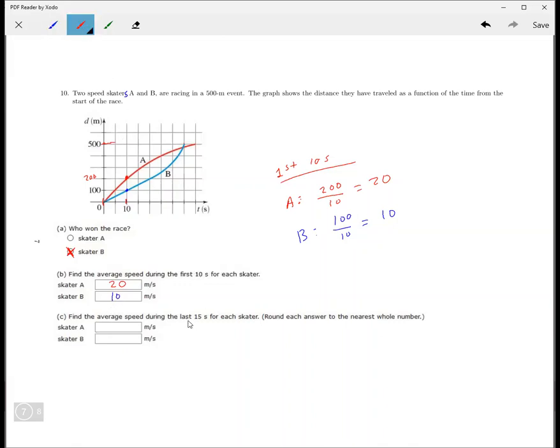Now the last 15 seconds. For A, this is A's end of the race right here. Their last 15 seconds would have been this interval from here to here. When they ended, they were at 500 meters. When they started the last 15 seconds, they were at 400 meters already.